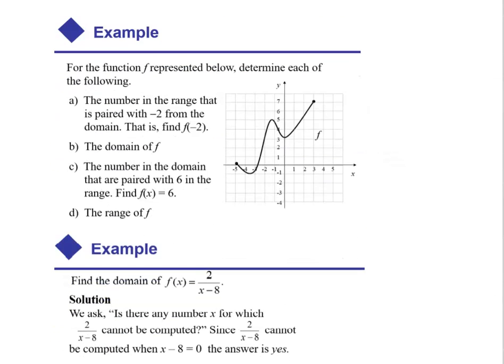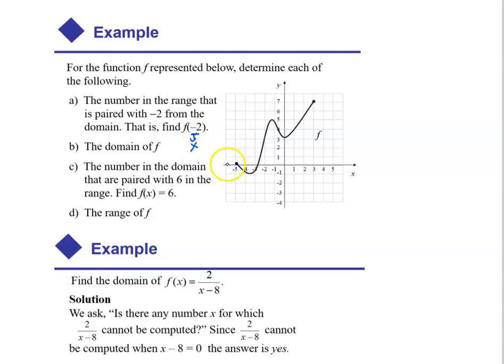For the function f represented below, determine each of the following. The number in the range that is paired with -2 from the domain. That is, find f of -2. Whenever you see this, whatever's inside the parentheses is your x value.